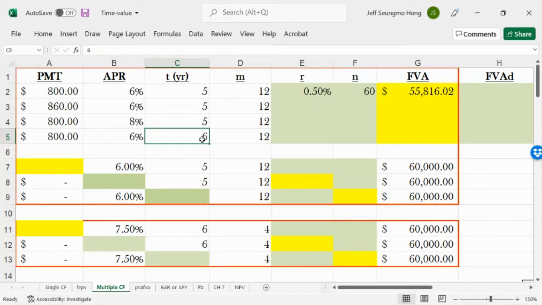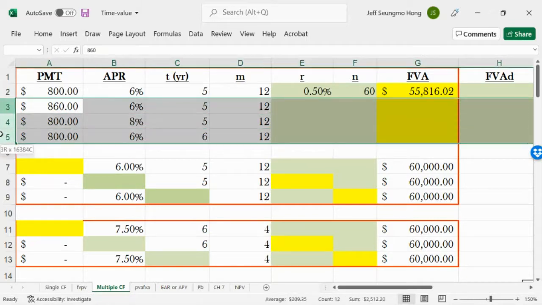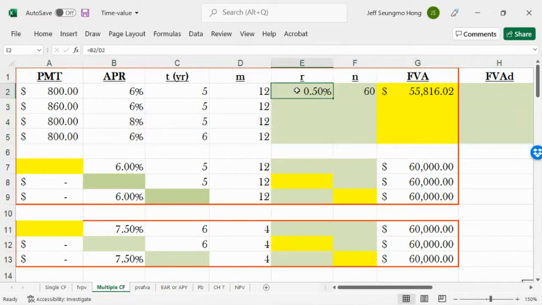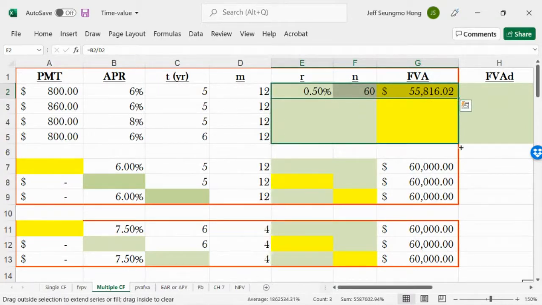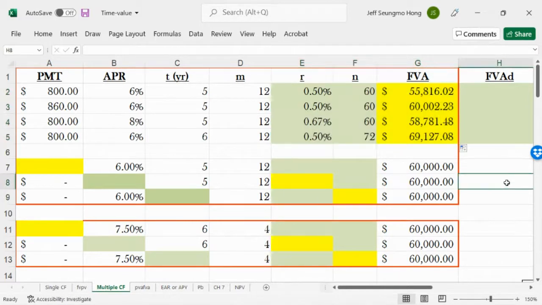If you can just wait another year. Now, think about it. All those alternate scenarios you can evaluate all at the same time. All you need to do is select these three cells and drag it down, and then you can compare those alternate strategies all at the same time.